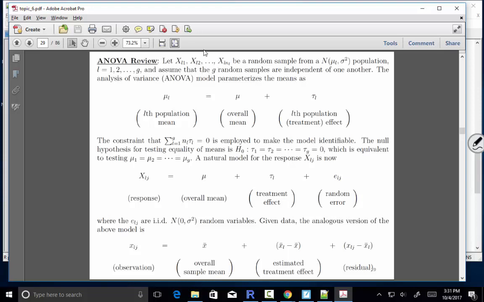So we're going to write xl1, xl2, dot dot dot, a sample from comparison group L. And we're going to say there are G comparison groups. In the nursing home example, there's 3 comparison groups: private, nonprofit, and government. All we're saying is we have a random sample from each one of our comparison groups.